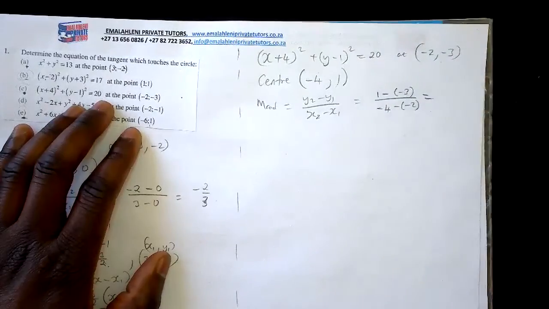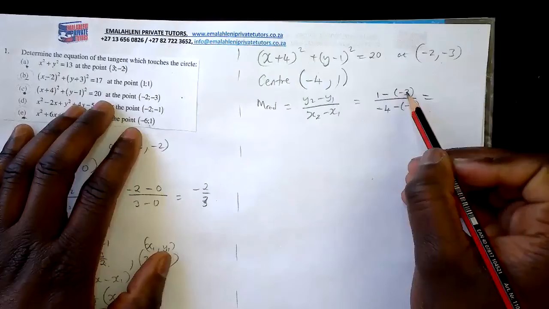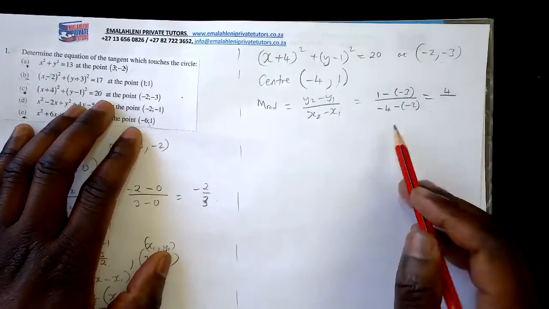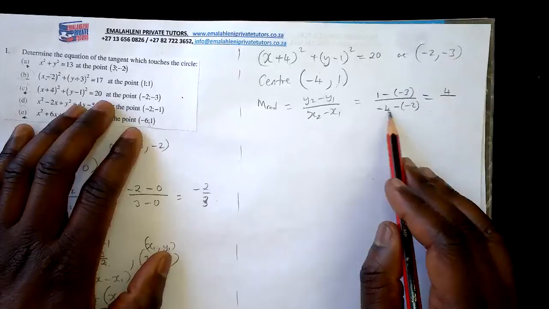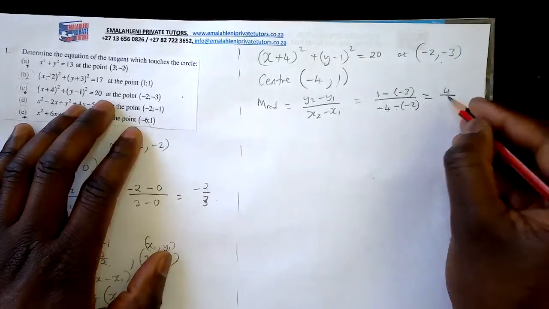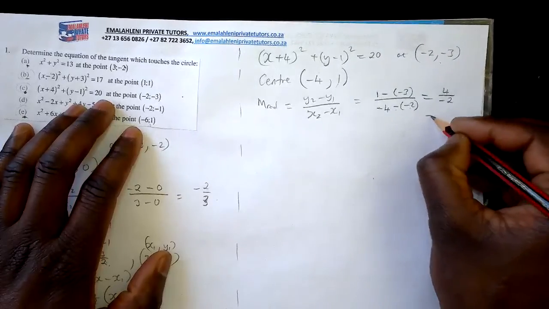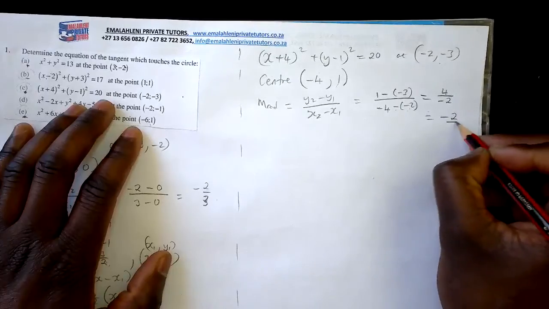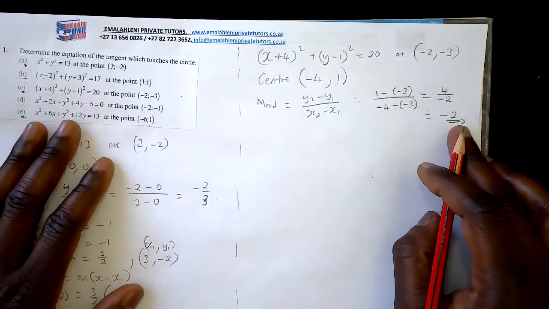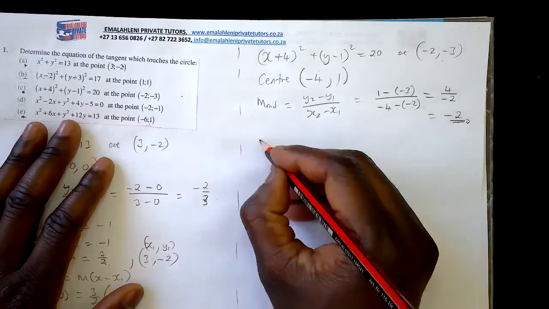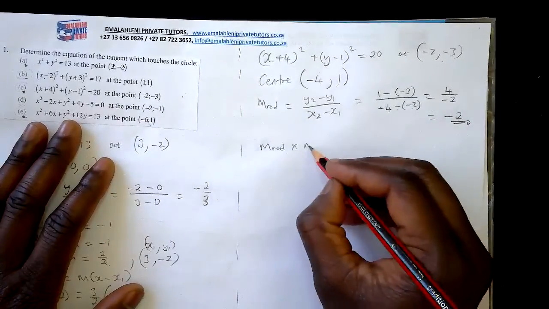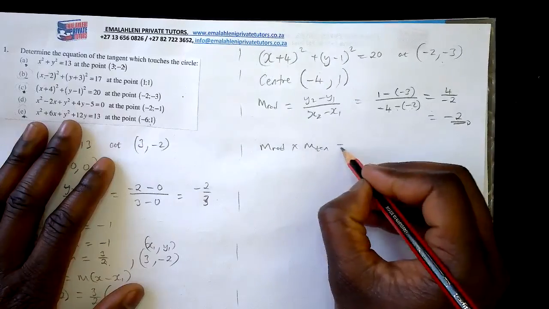What do we get there? 1 plus 4, because of negative and negative, is going to be 4. Then here -4 plus 2, because negative and negative, we're going to get -2. And in this case we're going to get an answer of -2 because 2 goes into 4. So that's our gradient of the radius. Then we do the same thing: m radius times m tan should give us -1.